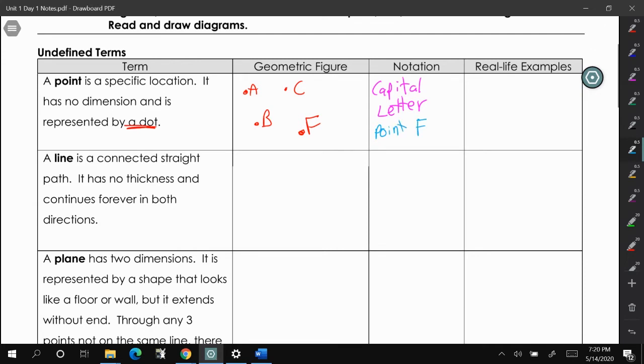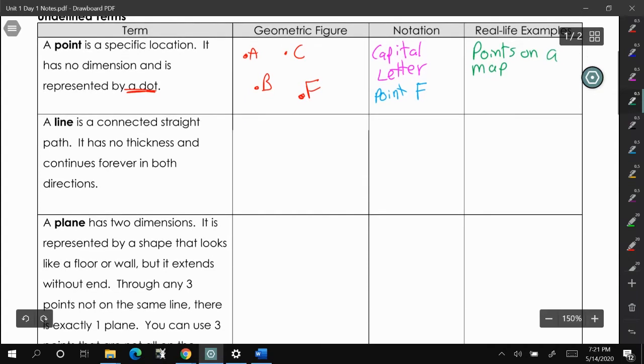Real life examples: think about any time you have a specific dot, like points on a map. That would be an example of a point. Now, we all know what a line looks like, but mathematically it's a line that goes forever in both directions.